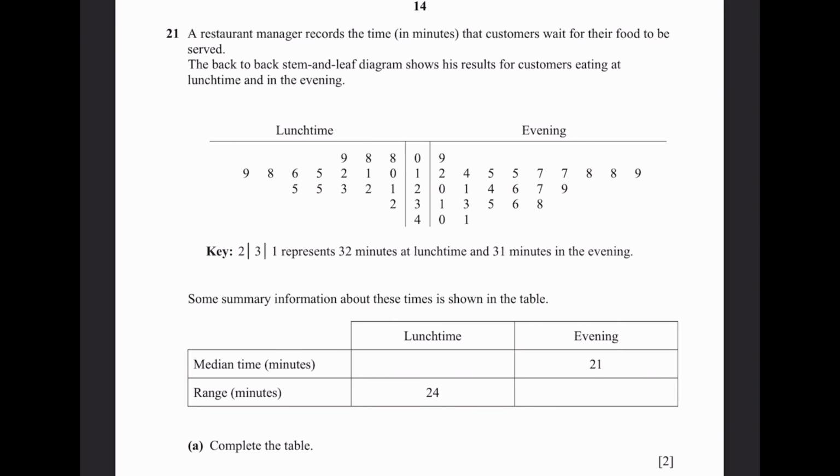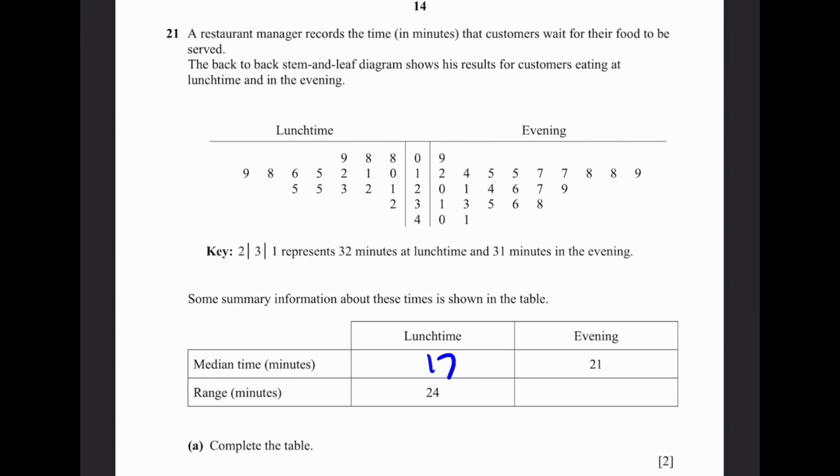So that means the middle two, which are the 8th and 9th values, will make the median. 1, 2, 3, 4, 5, 6, 7, 8. 16, 18. Remember, there's a 1 here, so that's the tens digit. 16 plus 18 divided by 2 is 34 divided by 2, which is equal to 17. That's the median.